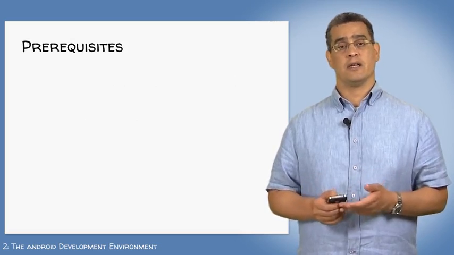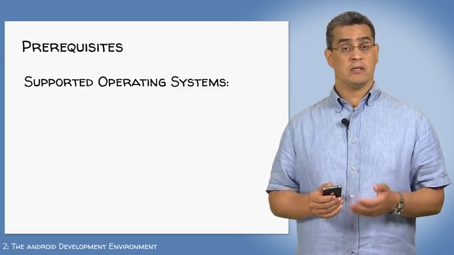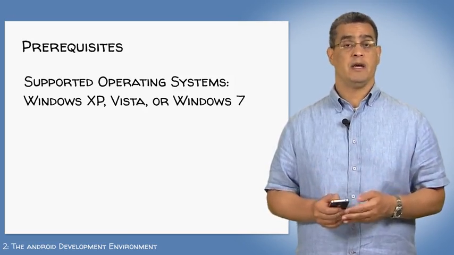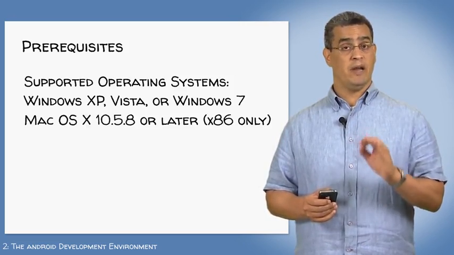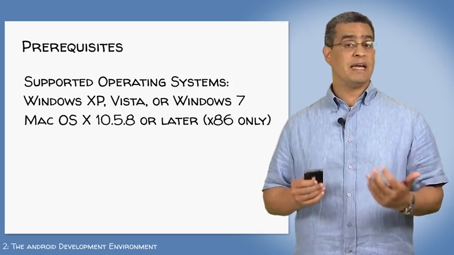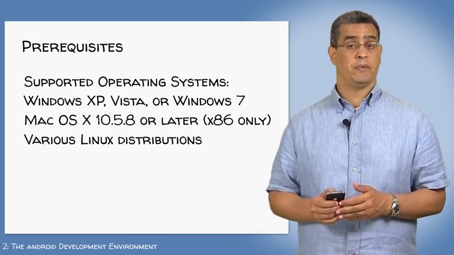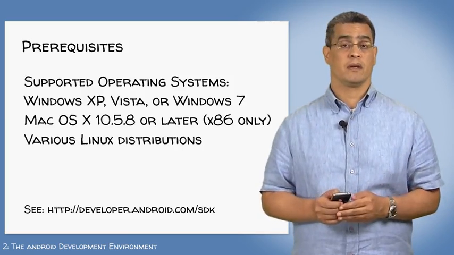Now, before you get started, make sure that you have a supported operating system. For Windows, these include Windows XP, Windows Vista, and Windows 7. For Mac, you'll need Mac OS X 10.5.8 or later, running on an Intel-based CPU. Several Linux distributions will work as well. Please see the Android developers website for more information.